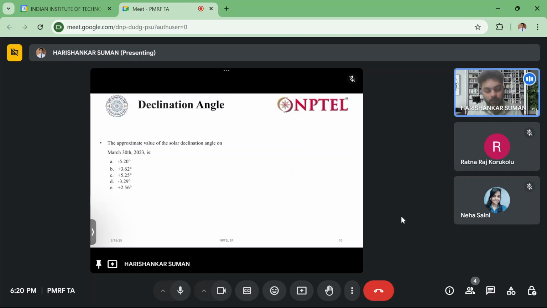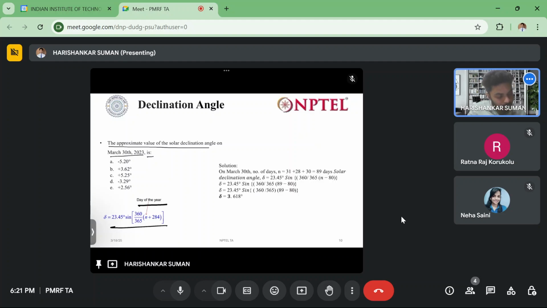So let's discuss the question. The approximate value of the solar declination angle on March 30th, 2023. How can you calculate it? Let's see. This is the formula, and n is the number of the day counting from January. So January, February, March, the number of days is 89.